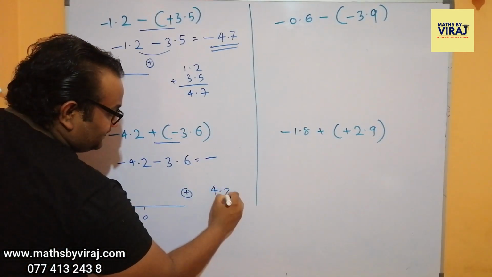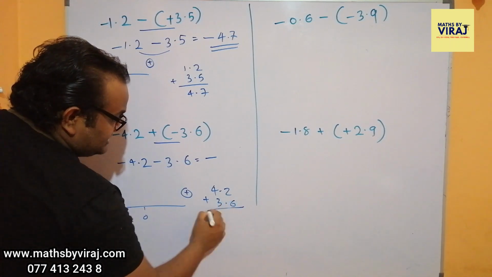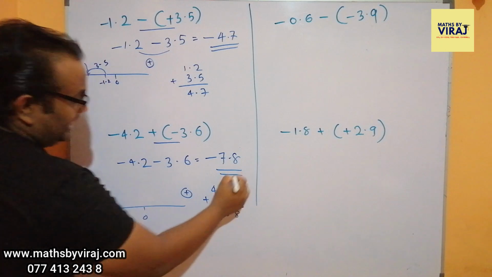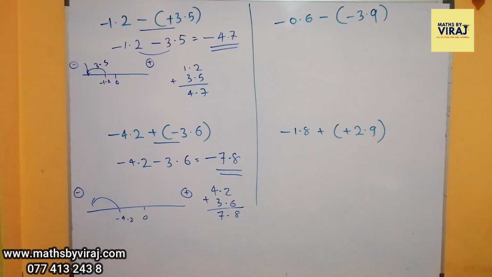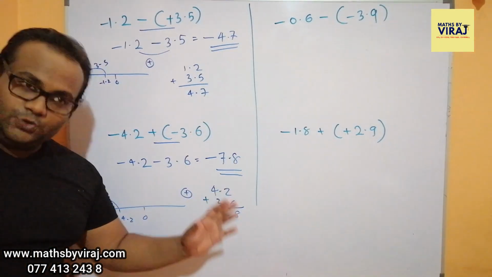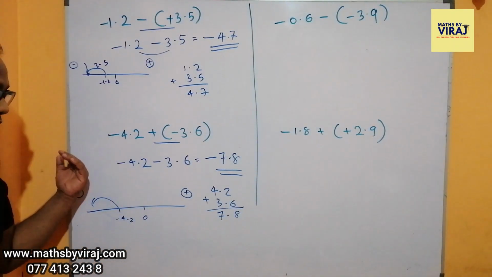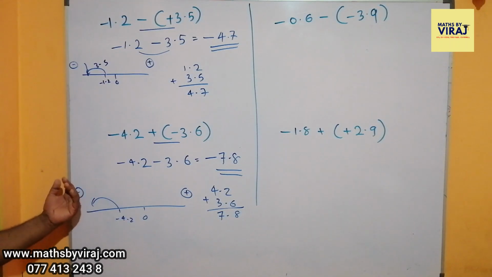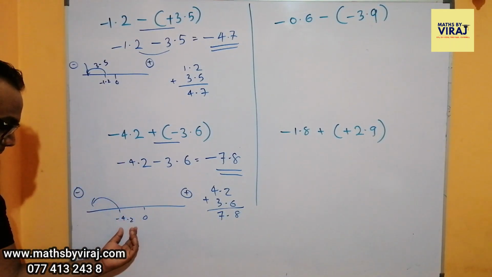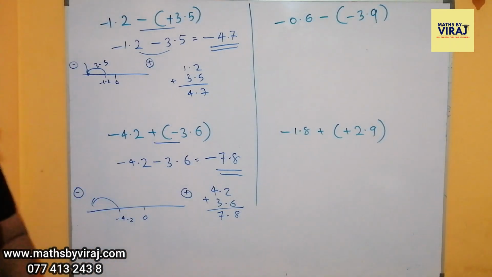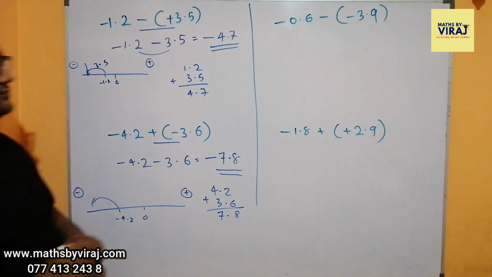We add them, and the answer is minus 7.8. Don't get the wrong idea that we are adding negative numbers. No. We are on the negative side. We further move towards the negative or minus side. Therefore, for minus 4.2, another 3.6 is added. That is the calculation that I have shown here.